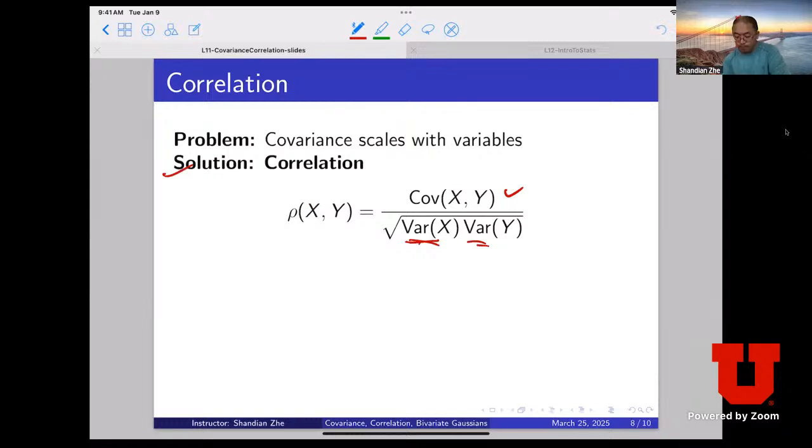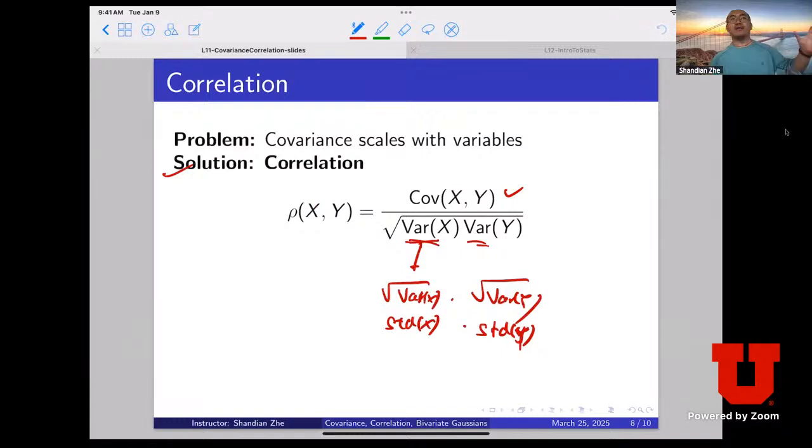The square root of the variance of x is called the standard deviation. So you're normalizing the covariance by the product of the standard deviations of these two random variables so that you can offset the scaling effect.